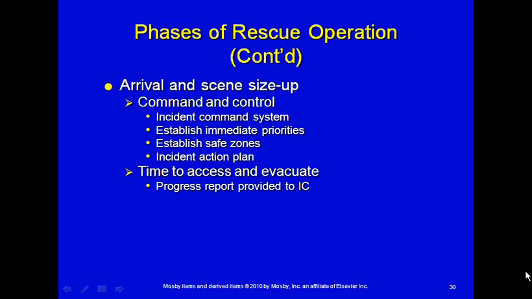The time to access and evacuate is a report that's provided to the incident commander. And what they mean by that particular bullet point is that during a major event, and we're talking a major grinder or a major building collapse or explosion in a school or something like that, we're going to have operational periods. And we're going to have priorities that we need to accomplish in that first operational period, which is designated by the incident commander.